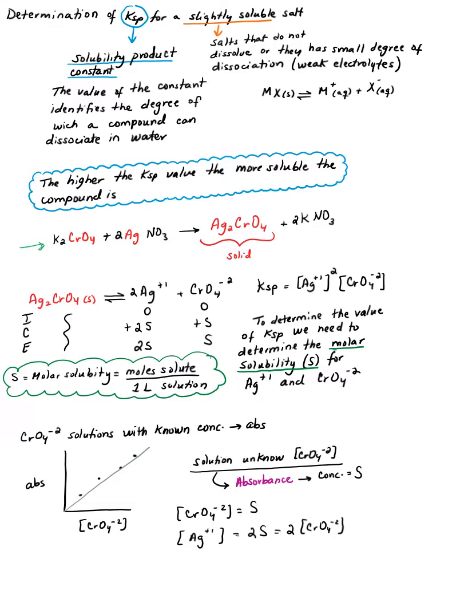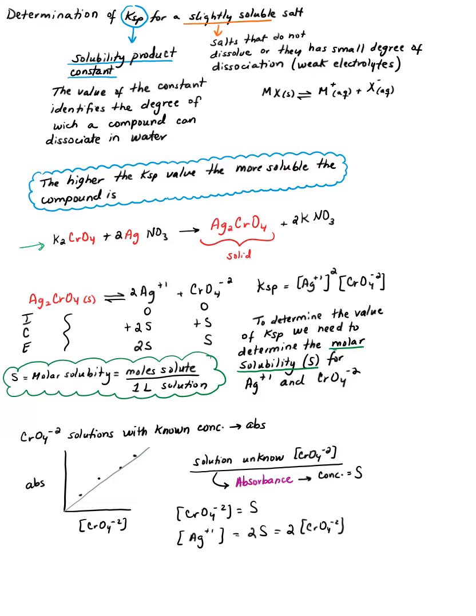The numerical value of your equilibrium constant, or Ksp, is giving you a lot of information. As part of that information, you can determine if a substance is very soluble or it is mostly insoluble in water. The larger the value of your equilibrium constant, or your value for Ksp, the more soluble that substance is.